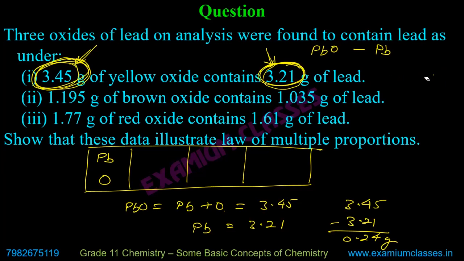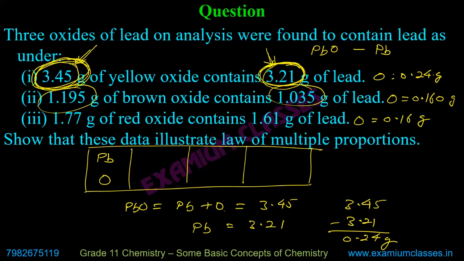So here oxygen is 0.24 grams. Here oxygen will be 1.195 minus 1.035, 0.16 grams.